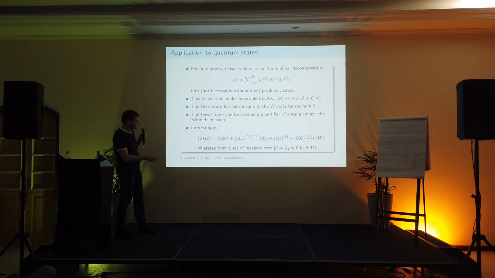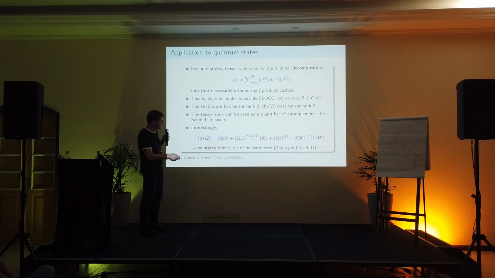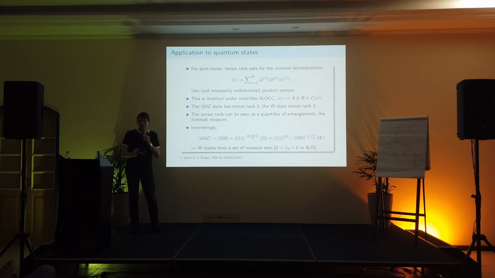Then I can map this state to this state. But now, if you let epsilon go to 0, then this term cancels, and essentially I get a W state, because in lowest order of epsilon I have a W. What does it mean? It means I can approximate a W state arbitrarily well by GHZ-type states.